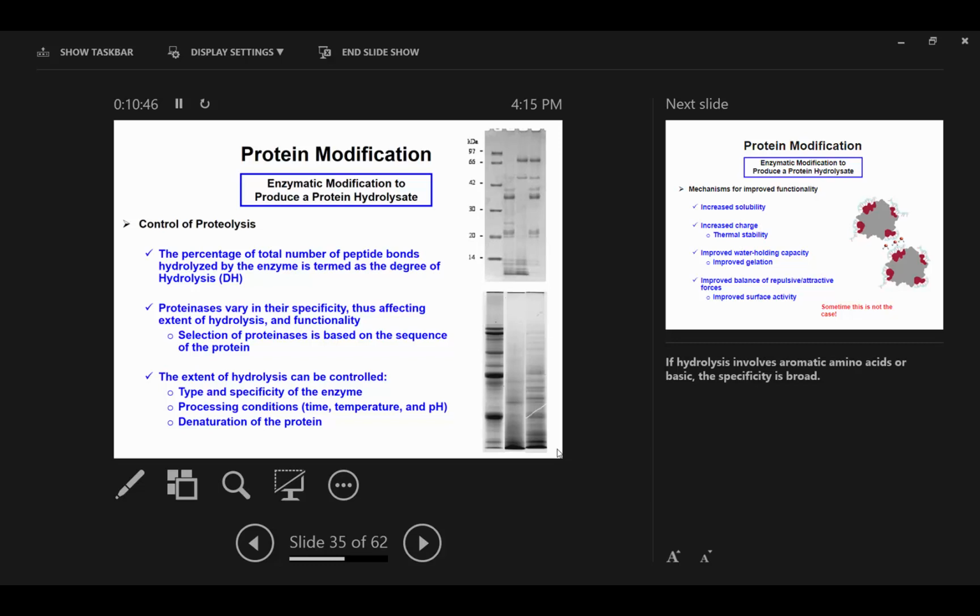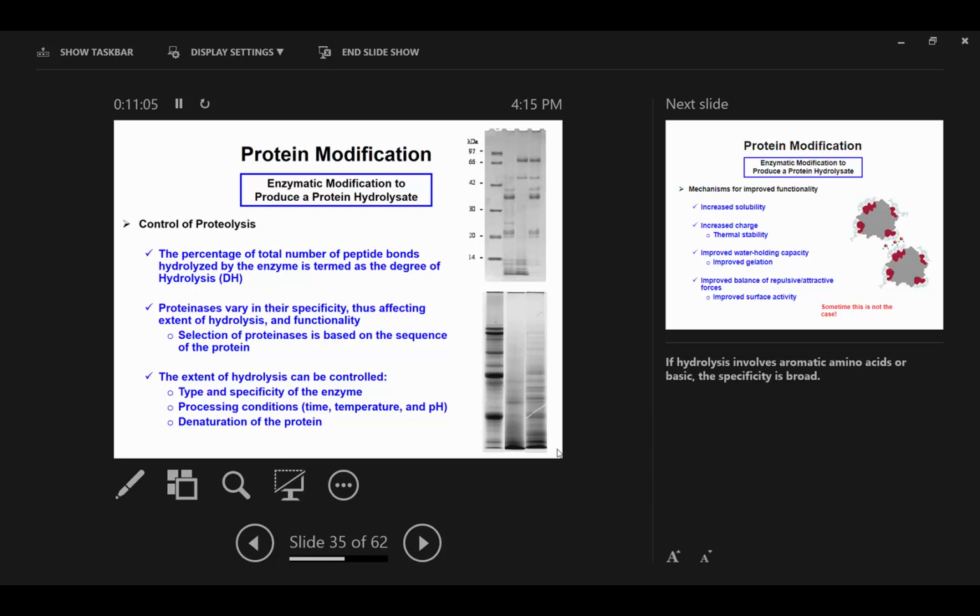Extent of hydrolysis can also be controlled. So we're controlling for enzyme, for amount, and the type of the enzyme and its specificity, and processing conditions. So what's the time, temperature, and pH.